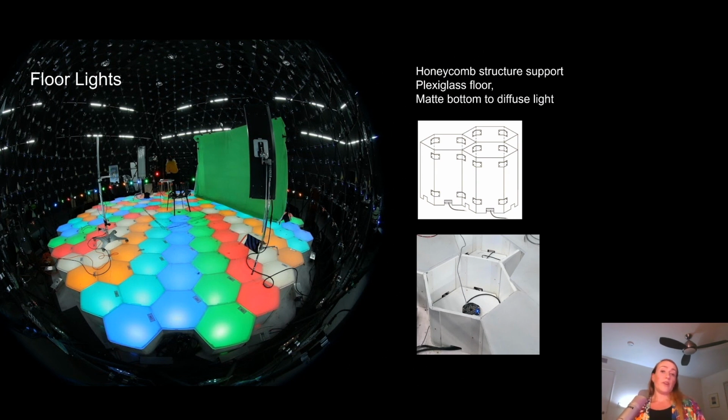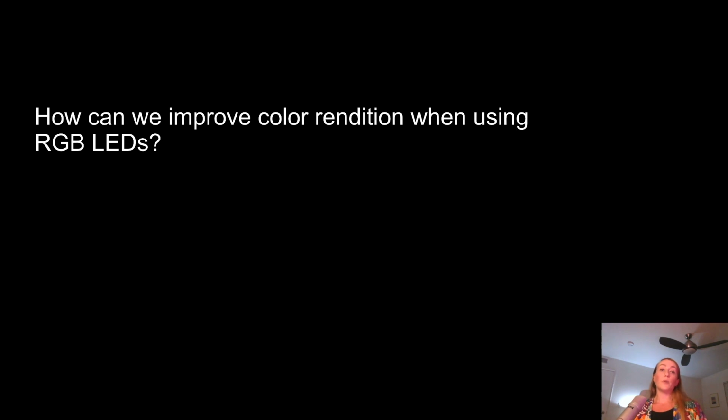Although we're very thrilled to have been able to build this multispectral light stage for lighting reproduction, in the years since its construction, we've seen a huge increase in virtual production just using RGB LED panels. And so understanding that this is the state of the world today in virtual production, when we got to Netflix, we wanted to ask, how can we improve color rendition when we are using just RGB LEDs?